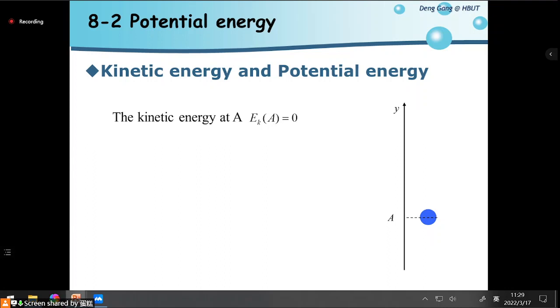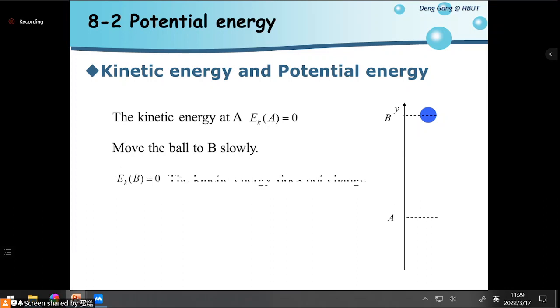If originally I put something at rest here, and then I move it up slowly and stop it here, the kinetic energy here and here should be the same, and they should all be zero, because the speed is zero.